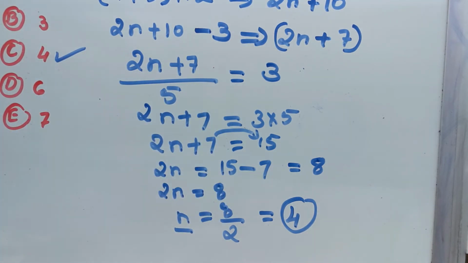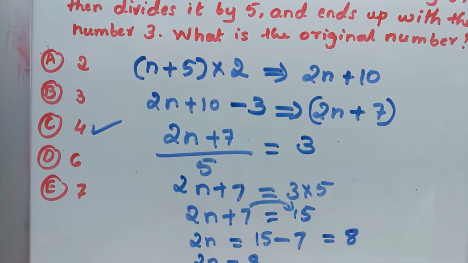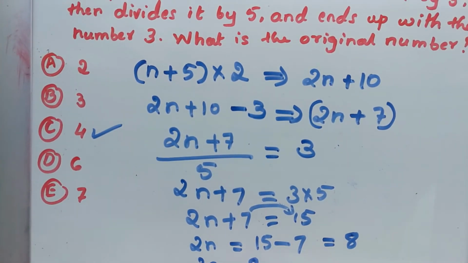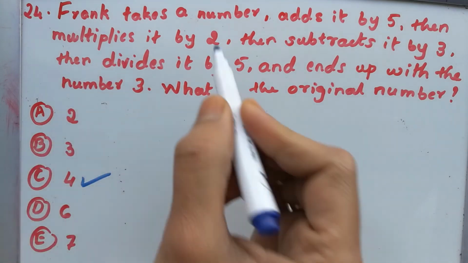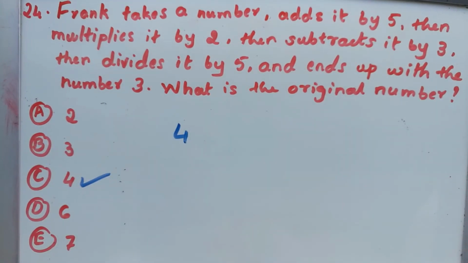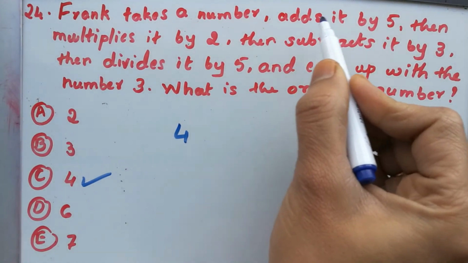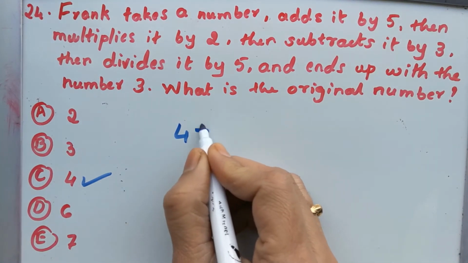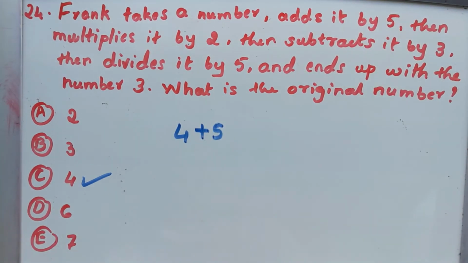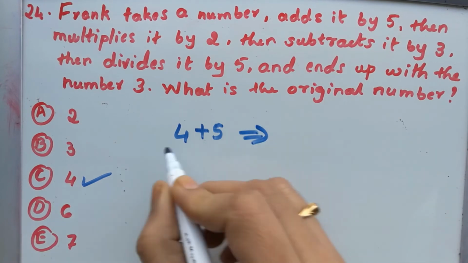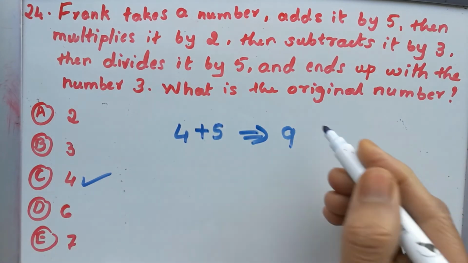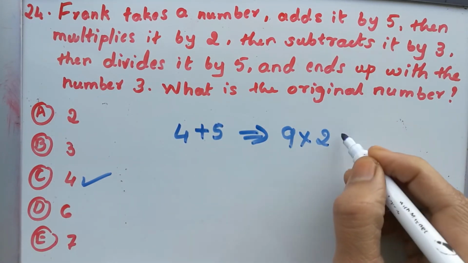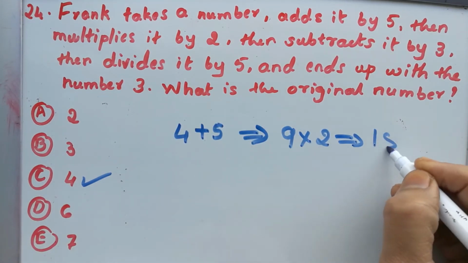So let's check whether it is right or wrong. For your clarification, we got the original number as 4. So he takes a number 4, adds 5. So what is the answer? 4 plus 5, 9. Then multiplies it by 2. So we got the answer 18.